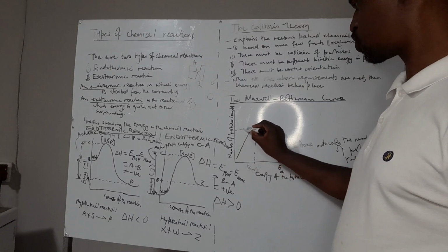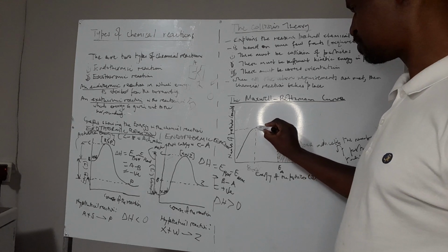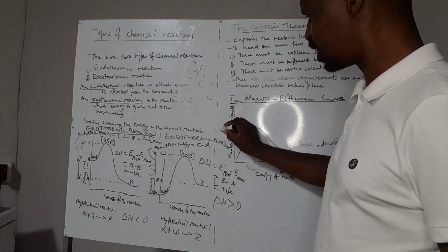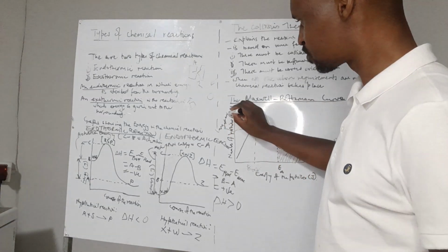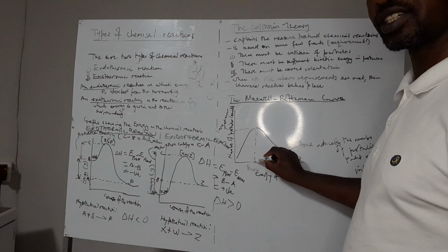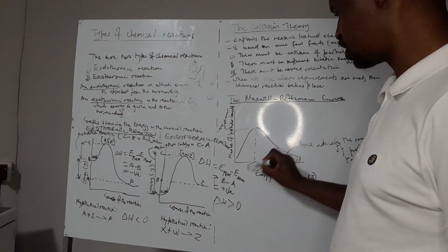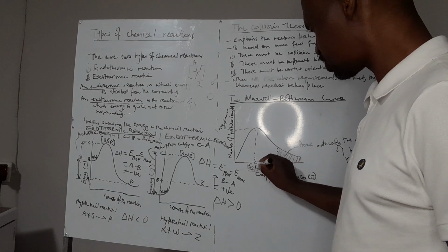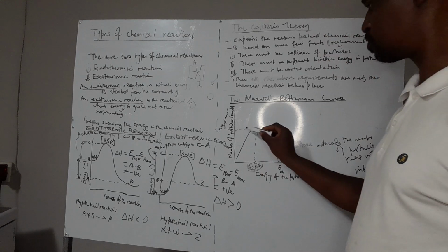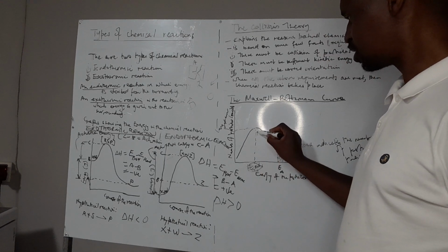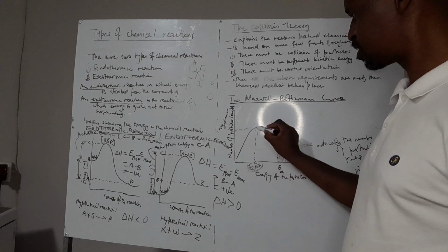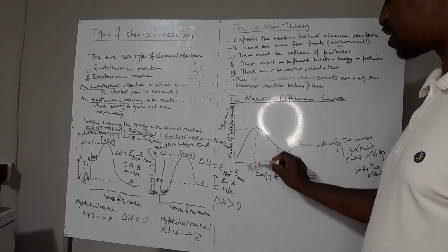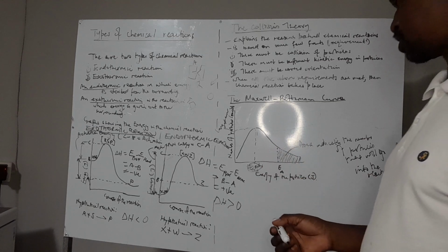So here we've got the largest number of particles, and we've got the energy that those particles have. Hence, this energy is called the average kinetic energy. Why? Because most of the particles here, only at this point, have this energy, and hence this is the energy of most of the particles of our substance.